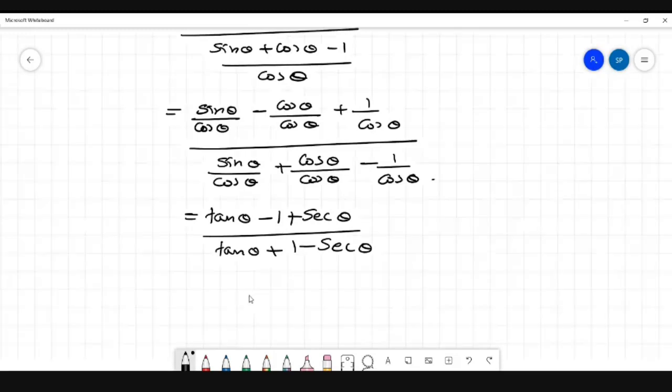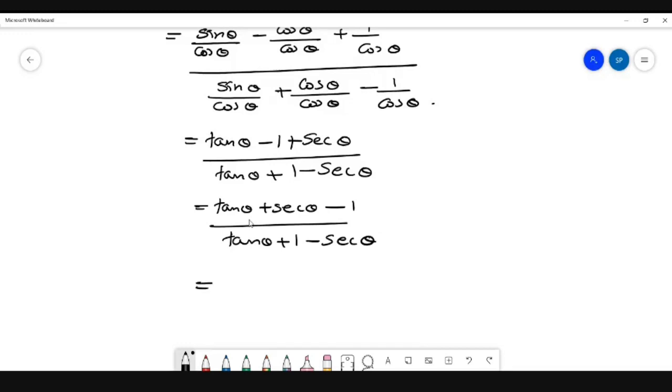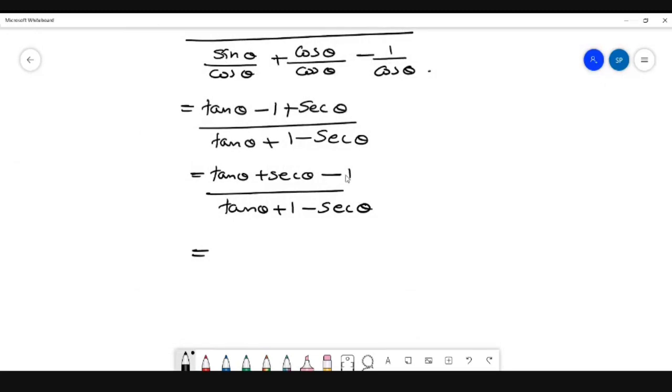Now let us rearrange the terms in the numerator. That is, tan theta plus sec theta minus 1 by tan theta plus 1 minus sec theta. Now we have to change this one in terms of tan and sec.